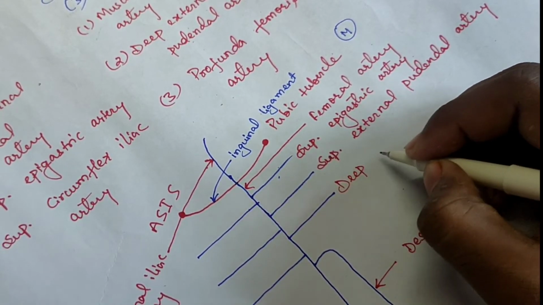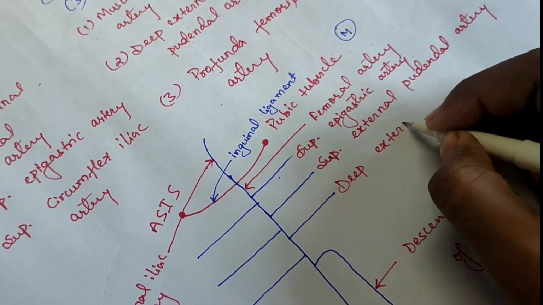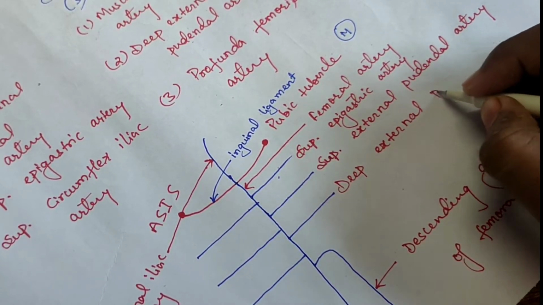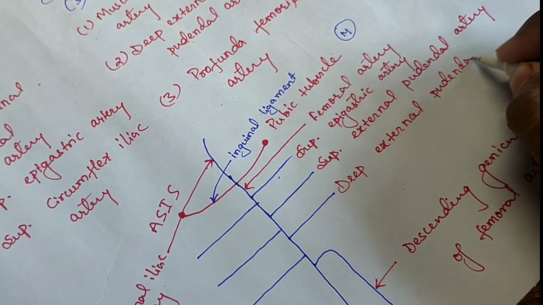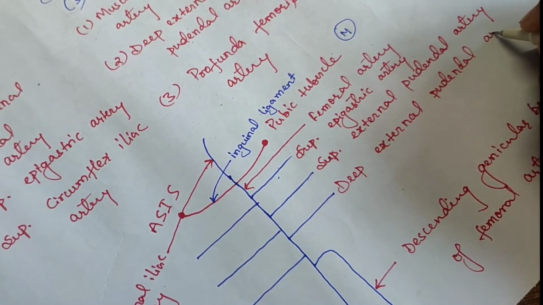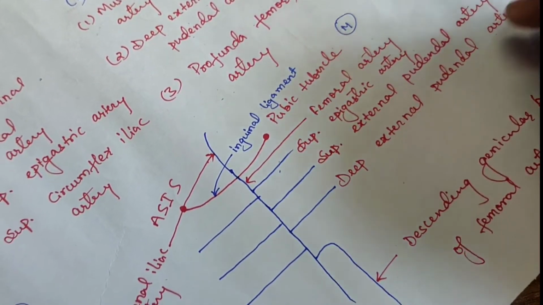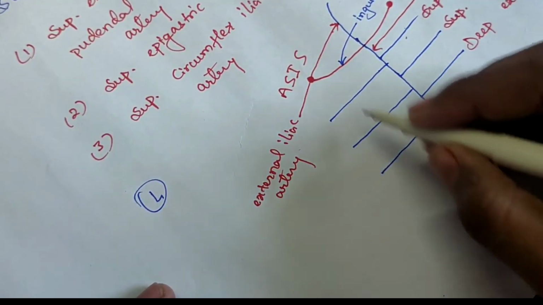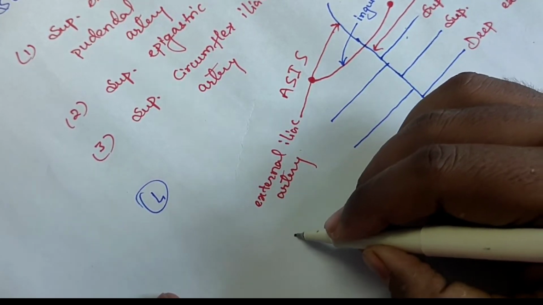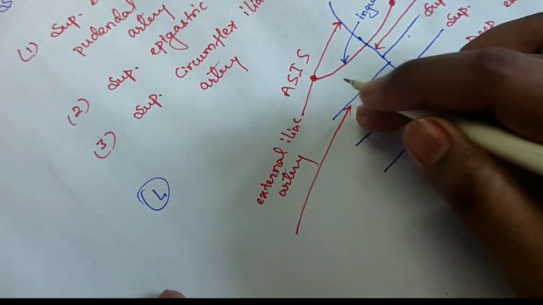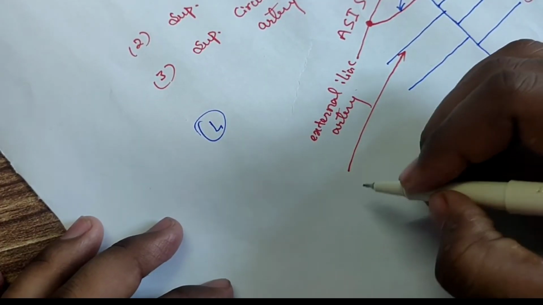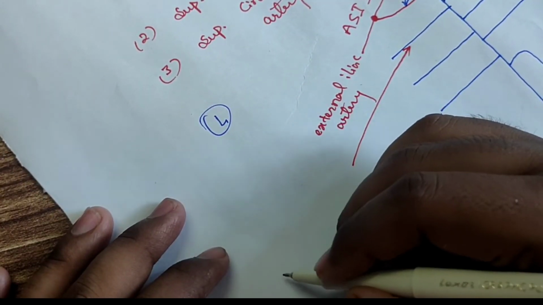Okay, so deep external pudendal artery. Now the rest 3 of the branches which is named, so the first one is superficial circumflex iliac artery.